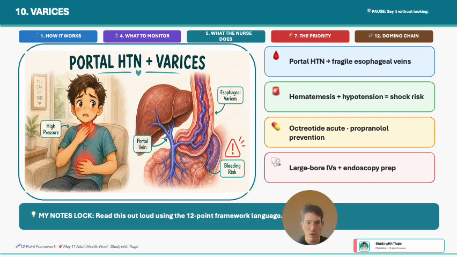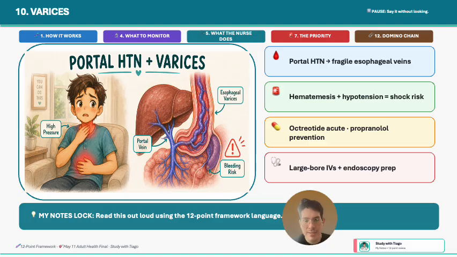Esophageal varices are enlarged fragile veins, usually from portal hypertension. Blood has trouble moving through the scarred liver, so pressure backs up into other vessels. Those vessels were not built to handle that pressure. The danger is rupture, right?